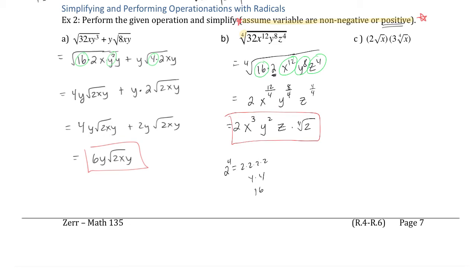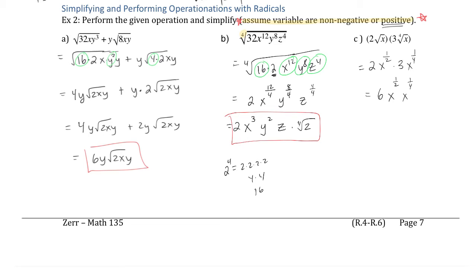All right, let's do one more. Here we're multiplying, so if I write this as exponents, it's a little bit easier. So I've got 2x to the 1/2 times 3x to the 1/4. Okay, and then I can multiply my numbers, so I'd get 6, and then x to the 1/2 times x to the 1/4.